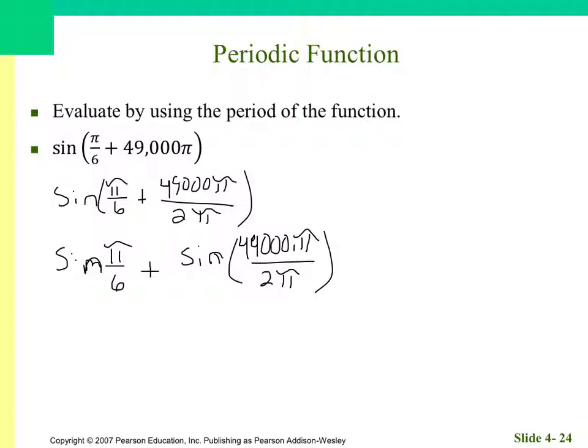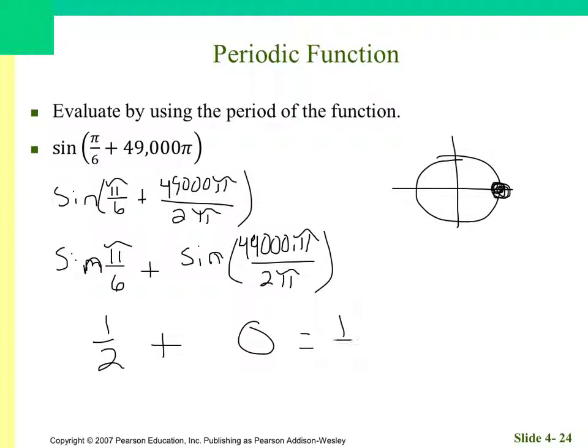So as long as this is a whole number, which we know it is, so this is 0. Because here's the thing. Unit circle. There's 2 pi. What's the y value right there? 0. Sine of pi over 6 is 1/2. So what's 1/2 plus 0? 1/2. How am I getting these? I'm using the unit circle, not my calculator.